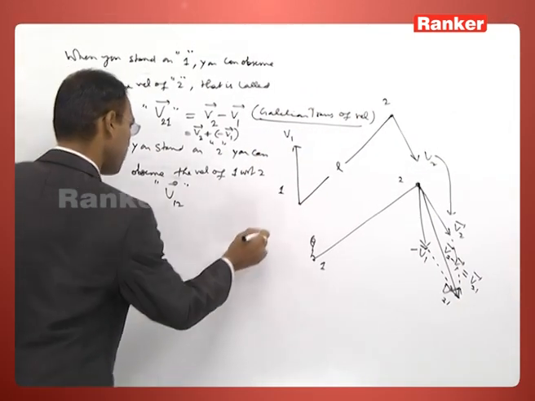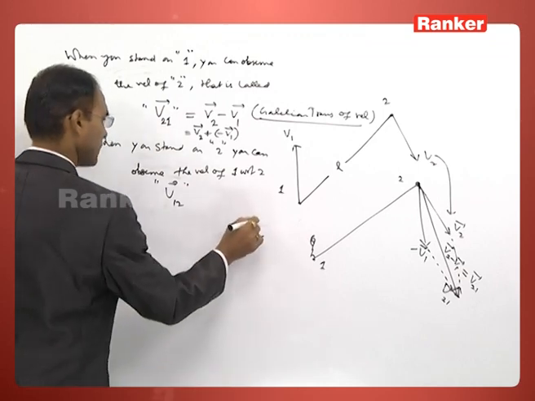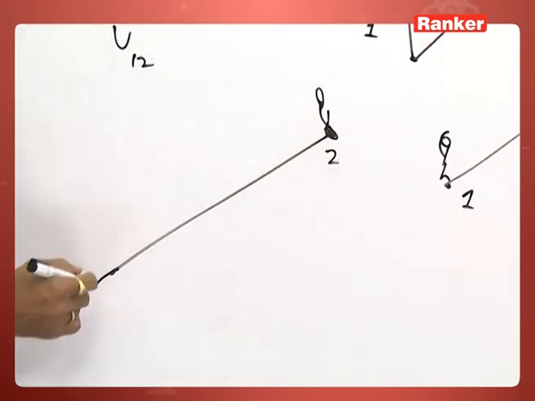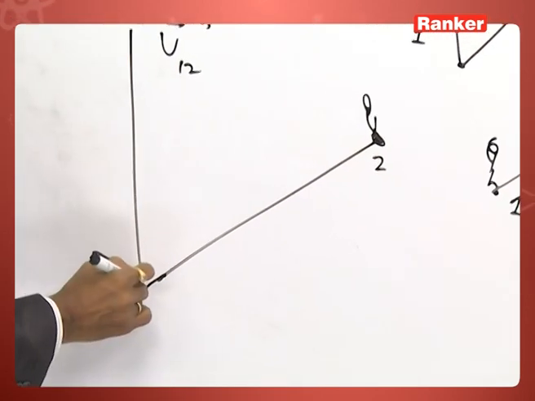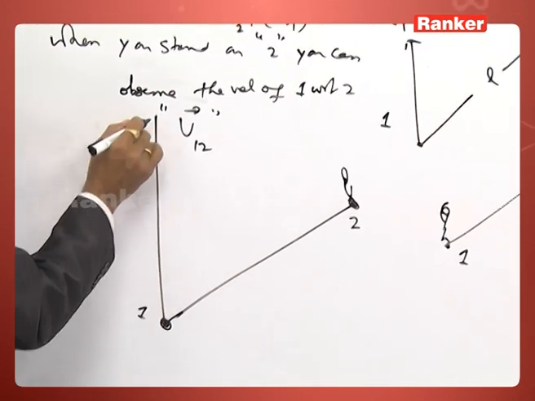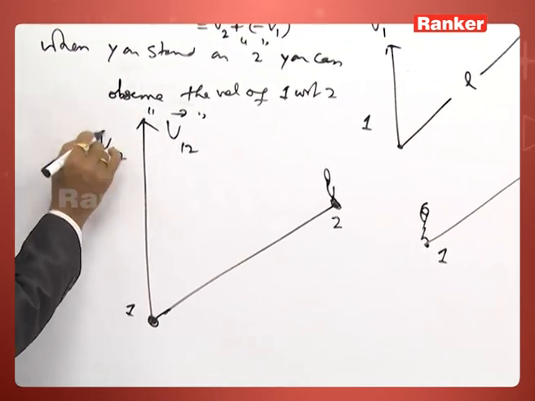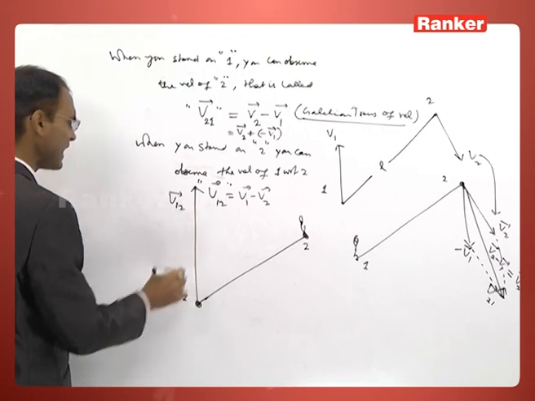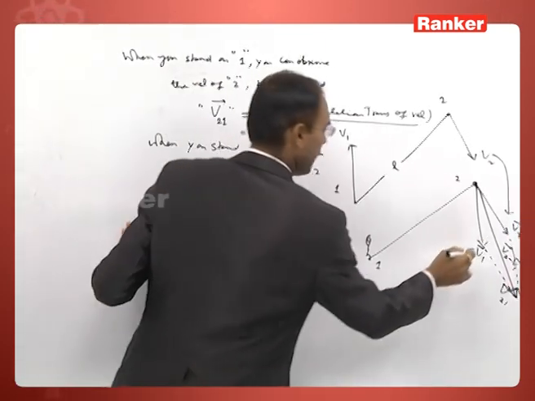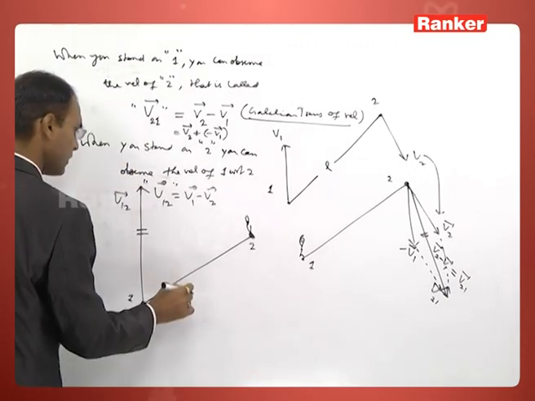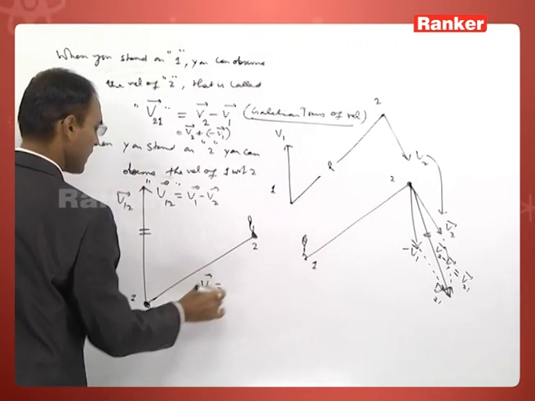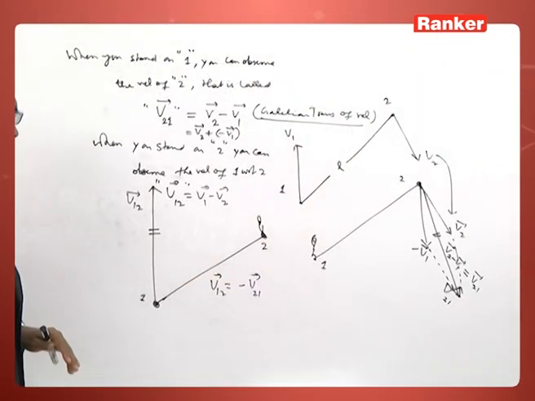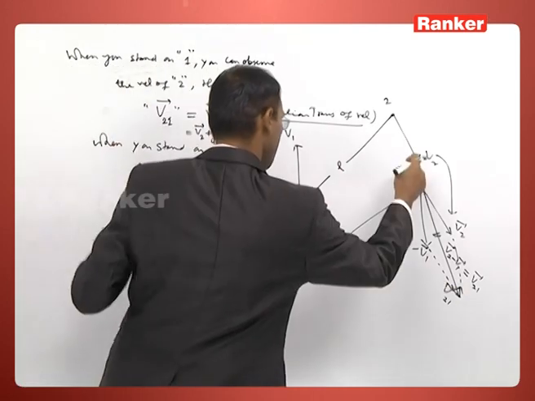Similarly, velocity of 1 with respect to 2, you can calculate only when you stand on particle 2, and you can say that this point 1 is moving with velocity V12. That's equal to V1 vector minus V2 vector. It goes without saying that V12 and V21 are equal in magnitude but oppositely directed.